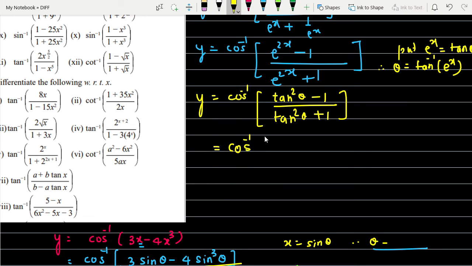It is cos inverse of minus sign from here, it is 1 minus tan square theta upon 1 plus tan square theta.